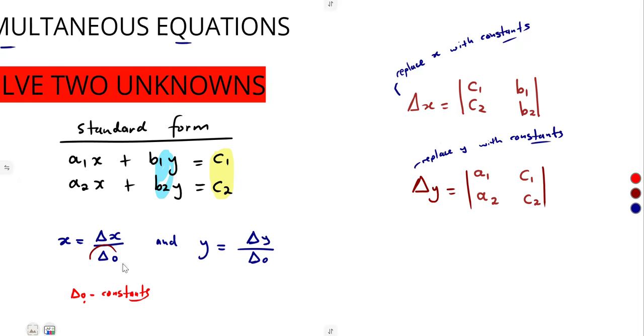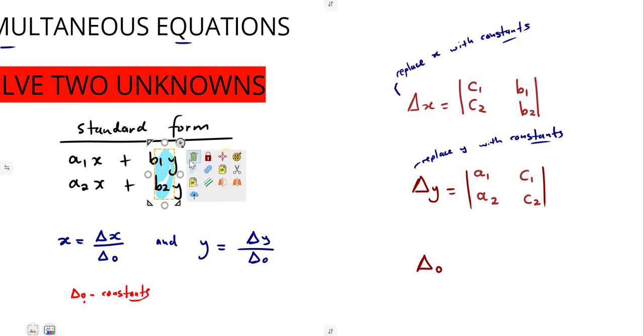What about delta naught, which is for the constants? As we refer to delta naught, or delta zero, with respect to the constants this time, it means the constants are ignored. We are to ignore them.